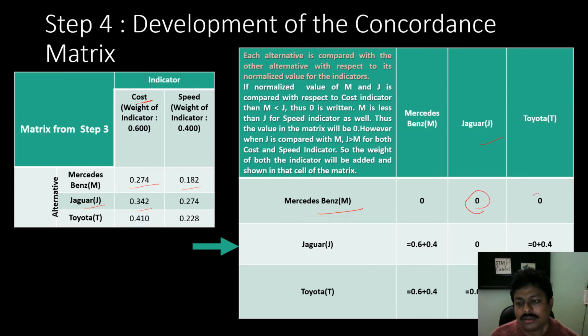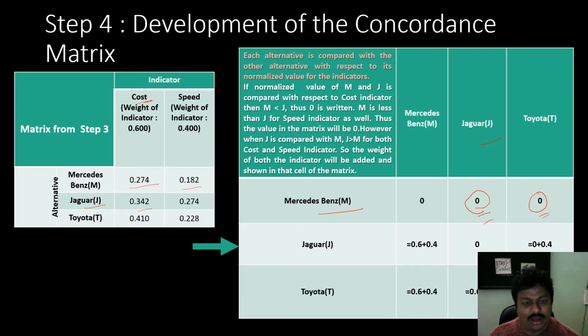Same case is this. If I compare Mercedes-Benz with respect to Toyota based on cost and speed, the value in the normalized matrix for Mercedes is less than the value in the normalized matrix for Jaguar. So that is why in both the cases 0 has been given. But when I compare Jaguar with respect to Mercedes, what happens?